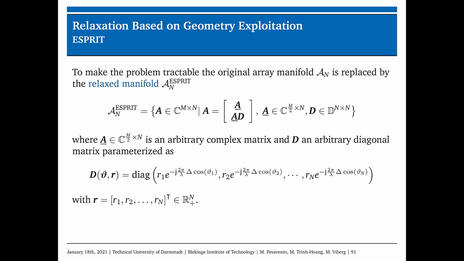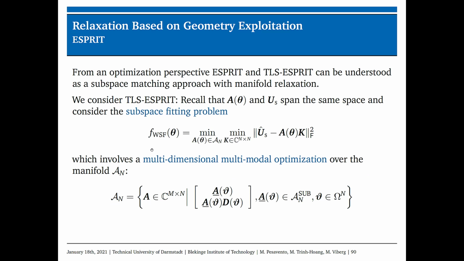Due to the non-convexity of the array manifold, in particular the block structure with the subarray manifold structure and the diagonal shifting structure, the subspace fitting function is highly multimodal and an exhaustive multidimensional search is required in the minimization.